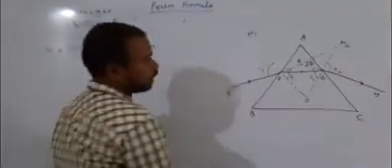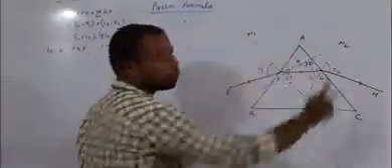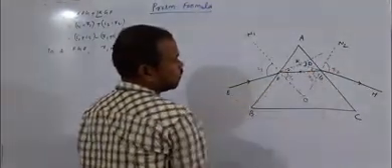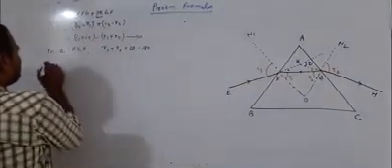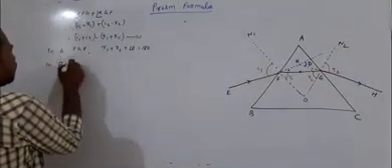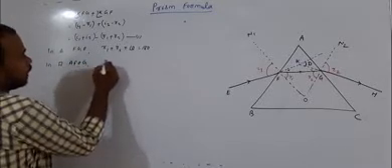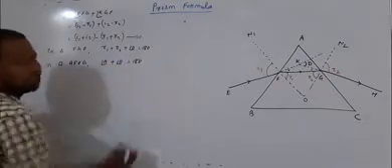In this quadrilateral, this angle is 90 and this angle is 90 because N1 and N2 are two normals. So these two angles give 90 plus 90 is 180. So the remaining, A plus O, is equal to 180. So in quadrilateral AFOG, angle A plus angle O is equal to 180 degrees.